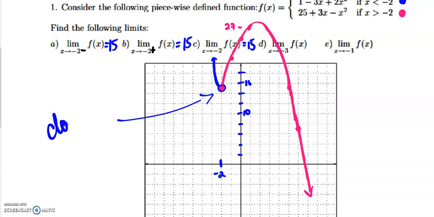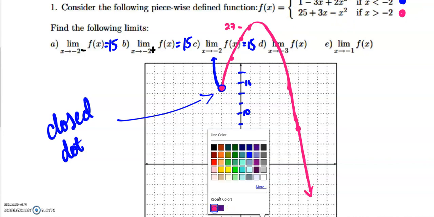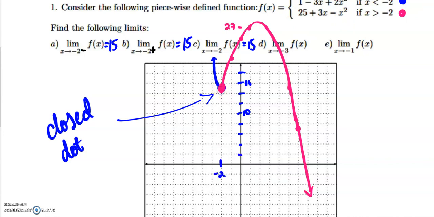And by the way, this is a closed dot because the second function has the same value of 15 and overlaps, so it closes up what would have been an otherwise open point. If you have an open and a closed dot in the same place, imagine the closed dot covering up the open one and trumping that value.